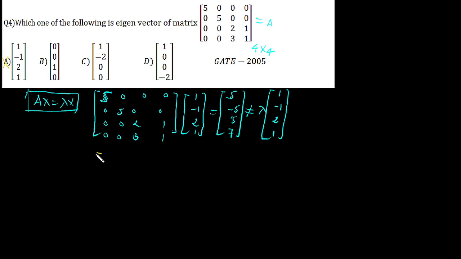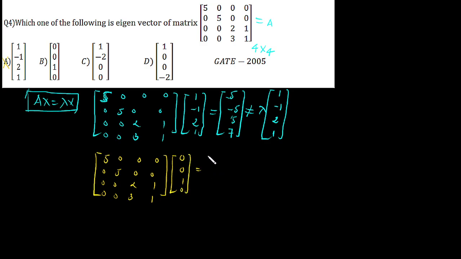Now let's move to the next option, which is option B. Again let's write this matrix as it is. Now let's multiply it with the vector given in option B and find the resultant vector.